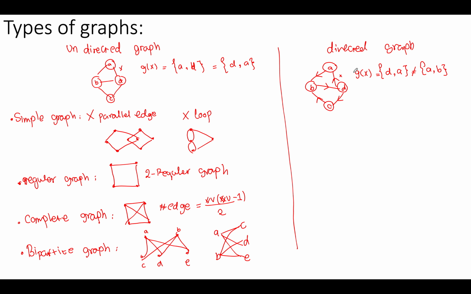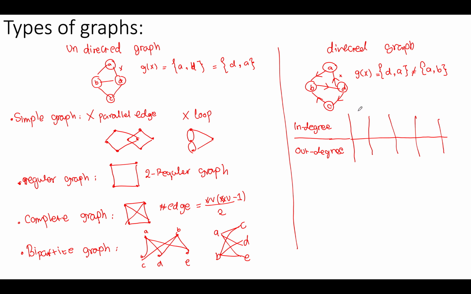Now from here, we can see that in a directed graph, I have an in degree and an out degree. For each vertex, we have those two edge types, so either we've got the in degree or the out degree.